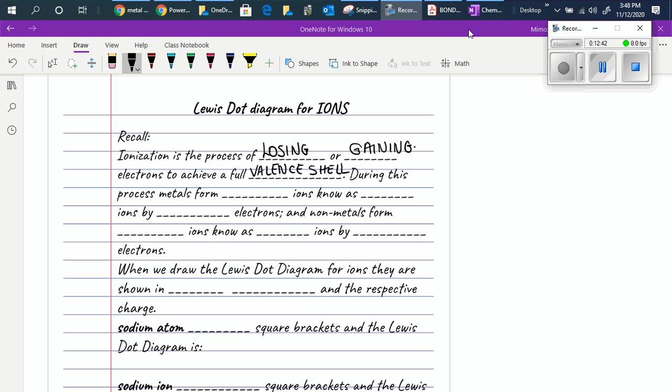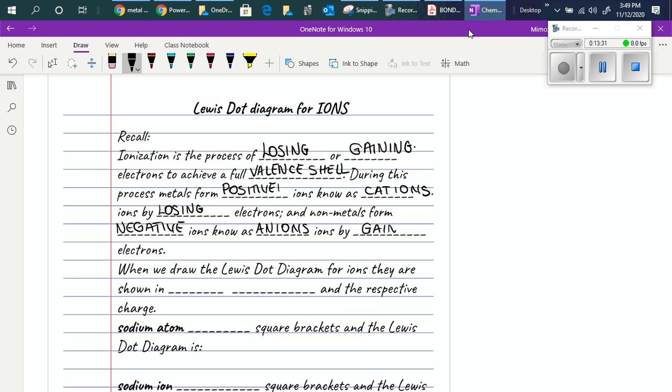So metals form a positive ion, which is also known as a cation, by losing electrons, and non-metals form negative ions, which are also known as anions, by gaining electrons.